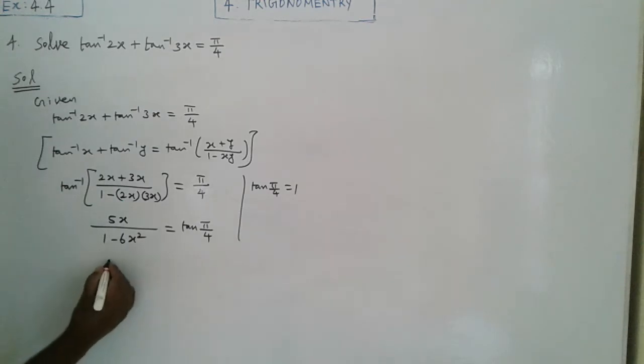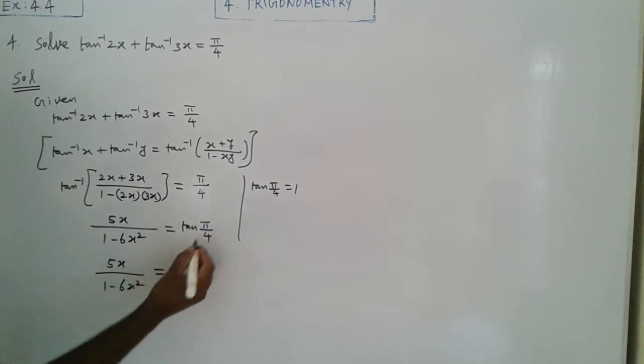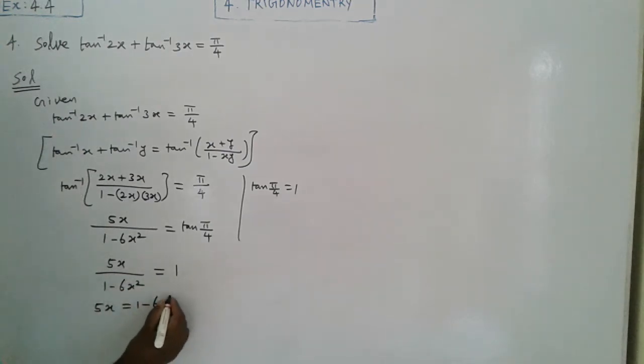We substitute: 5x divided by 1 minus 6x square equal to 1. Now cross multiply. 5x equal to 1 minus 6x square.